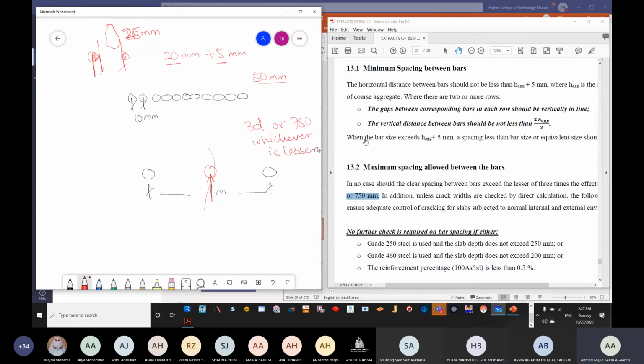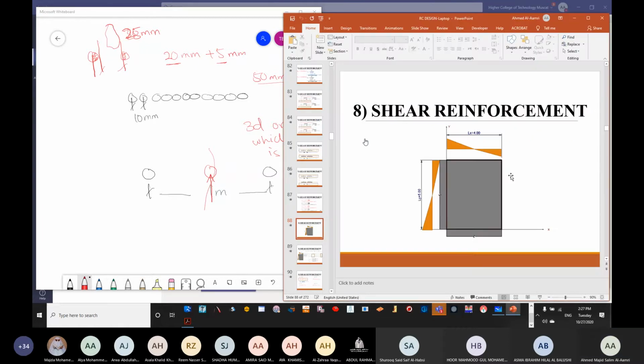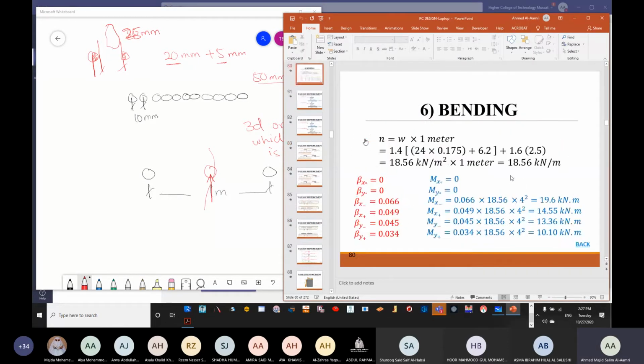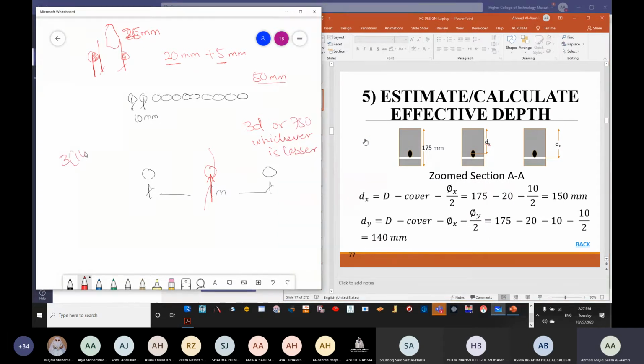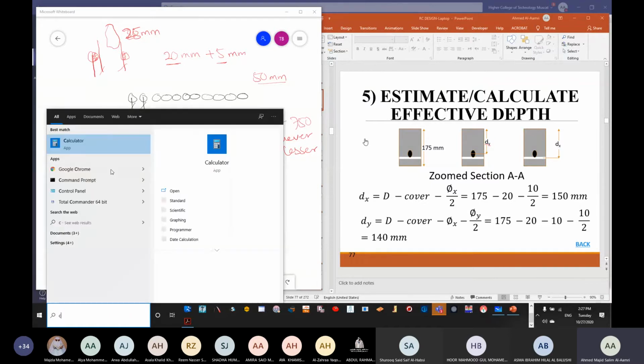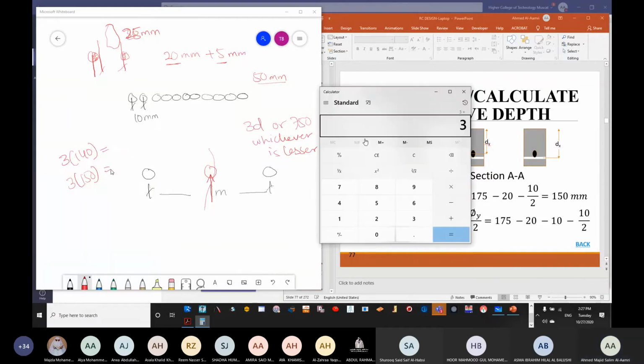Now if we go to our problem, you will see that the D values that we have got are 150 and 140. So we have 3 multiplied by 140 for the Y and 3 into 150 for the X. So in this scenario, the maximum that you can use is 450.